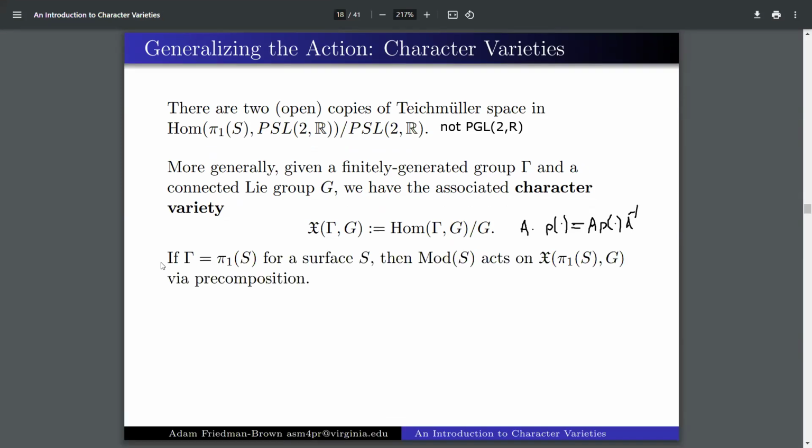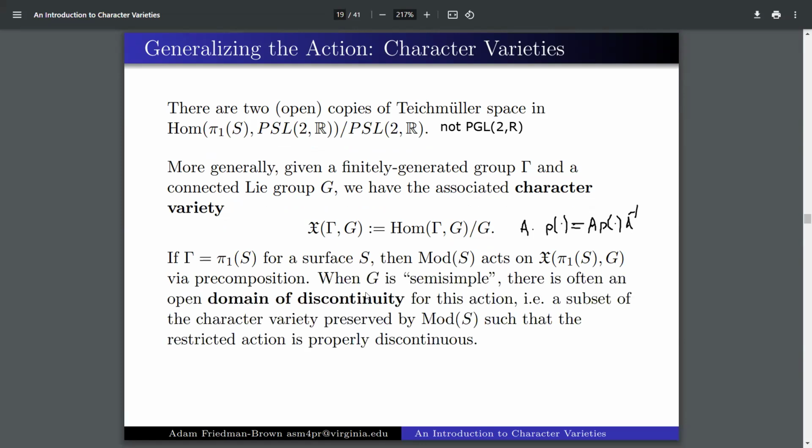And now if gamma is pi1 of S for some surface S, then the mapping class group acts on this character variety via precomposition. Again, that's where given some rho, you first apply theta inverse to it for some self-homeomorphism theta.